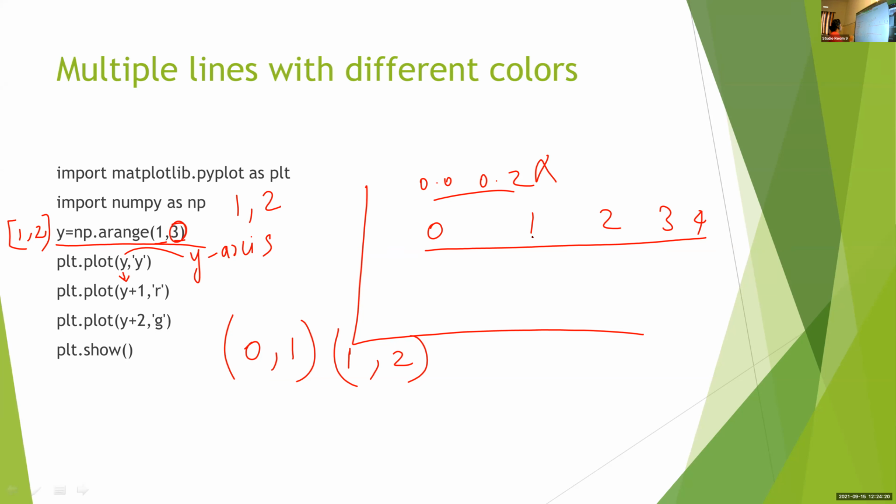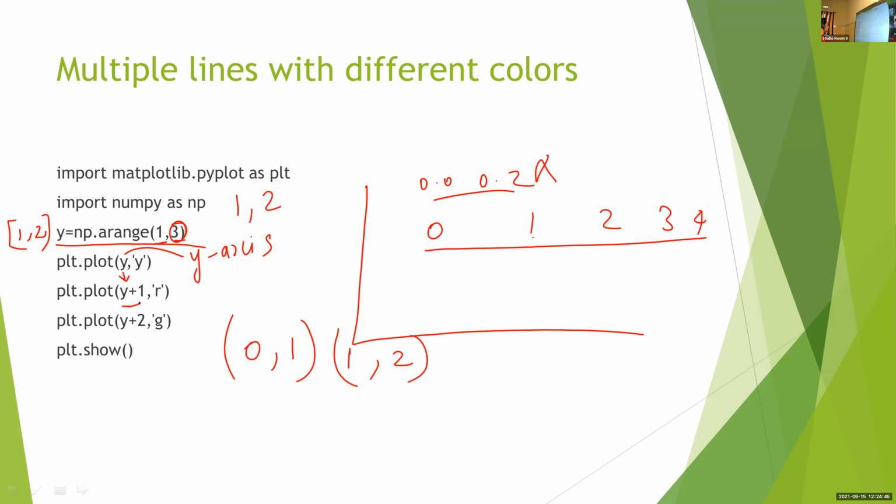Then what about the next statement? Which are the values for this next line? Navin? Which are the values here? y plus 1. Just try. Which are the values of y? 1, 2.